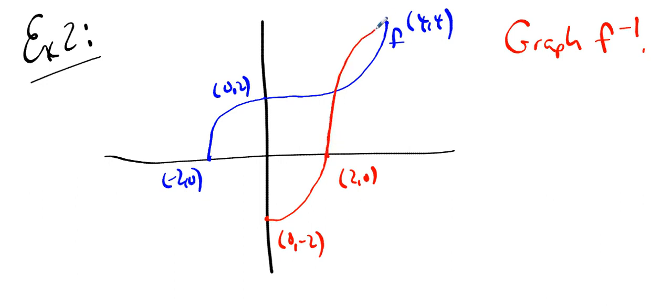All the x's and y's flip-flop. You will notice, because you're bright, that if you were to throw y equals x into the picture, that y equals x is the mirror between f and f inverse.